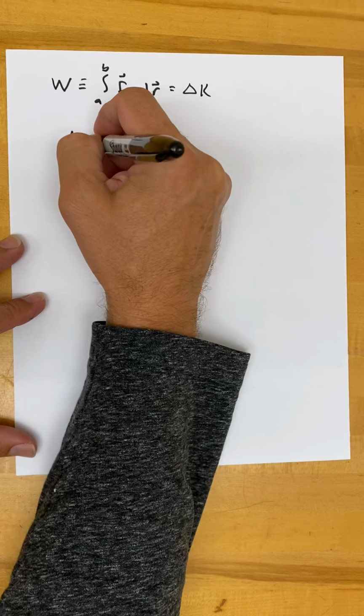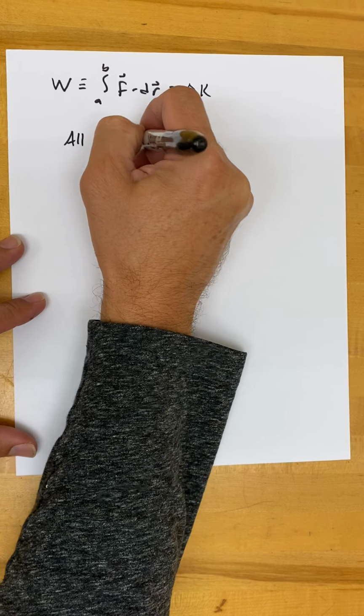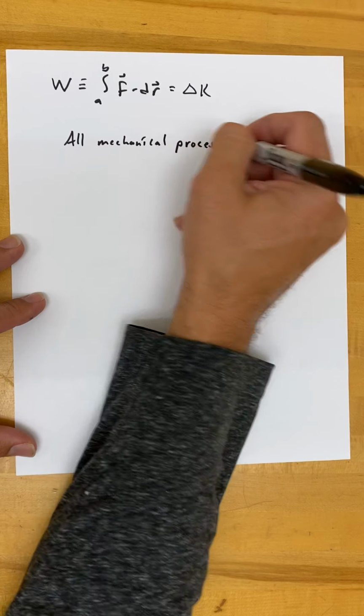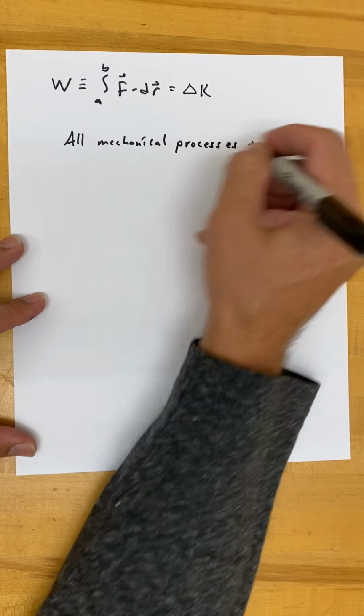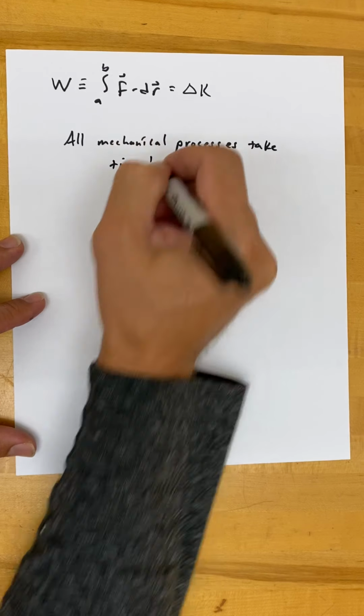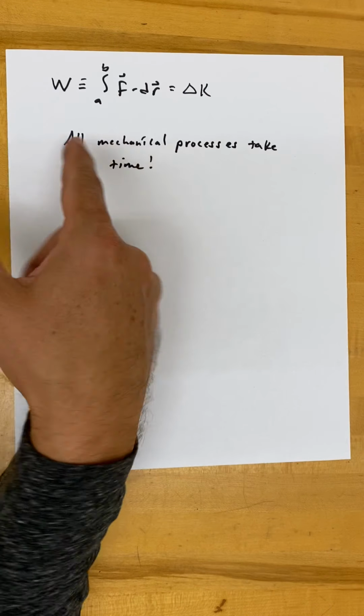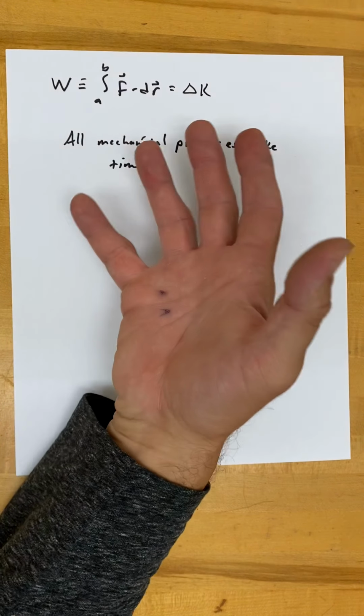And all mechanical processes, at least in this universe, take time. So it makes sense to be able to talk about these processes in terms of the time it takes them to complete. Of course, that could be different for any different number of systems.